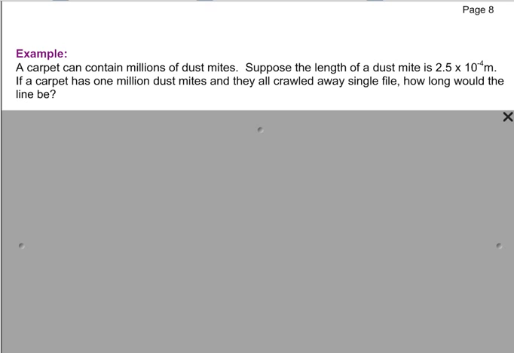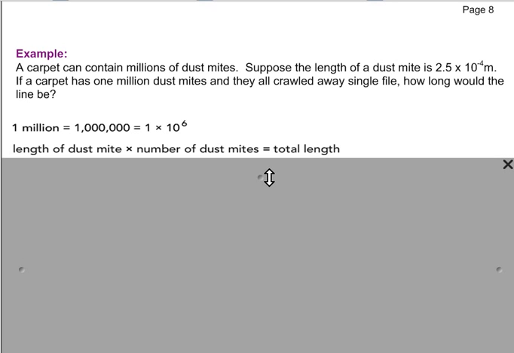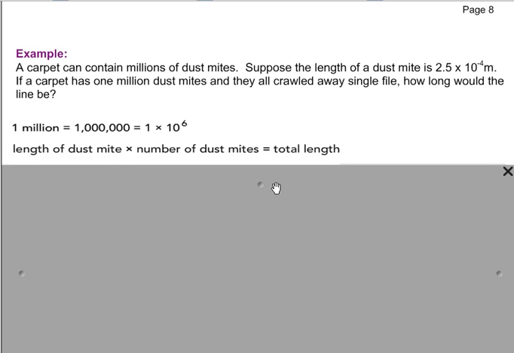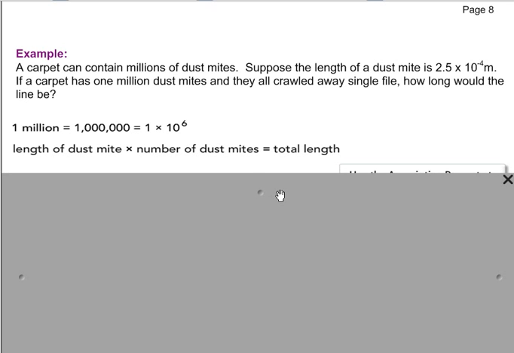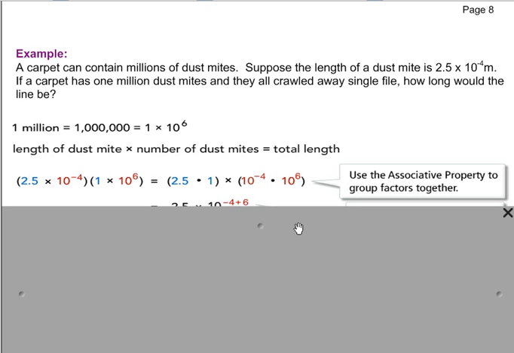So we need to set up the equation, starting with 1 million dust mites. Put into scientific notation would be 1 times 10 to the 6th power. We have the length of one dust mite as 2 5/10 times 10 to the negative 4 power. So when we set up that multiplication, this is what we have.